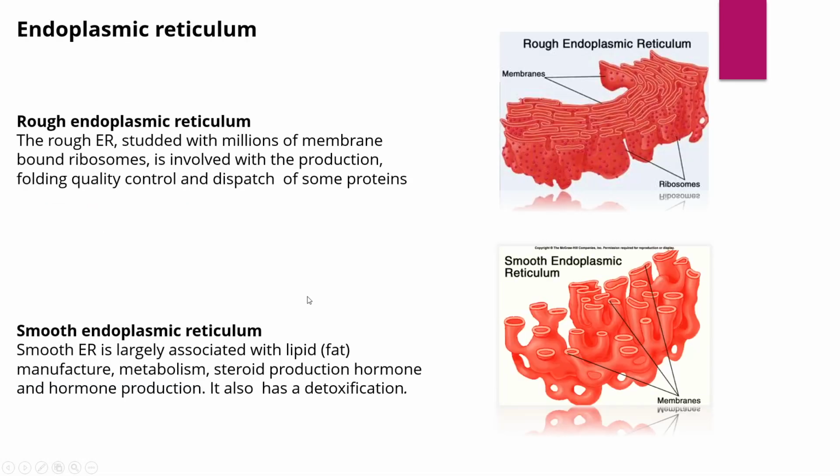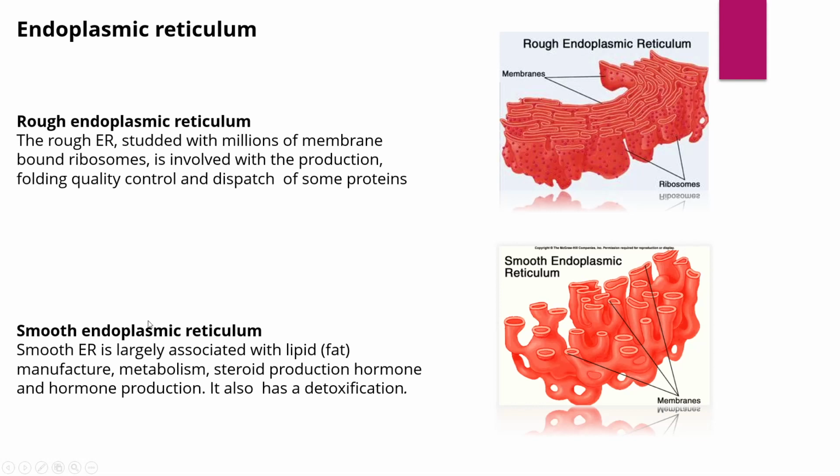The next is the endoplasmic reticulum. There are rough and smooth endoplasmic reticulum. First is the rough endoplasmic reticulum. The rough ER, studded with millions of membrane-bound ribosomes, is involved with the production, folding, quality control, and dispatch of some proteins.